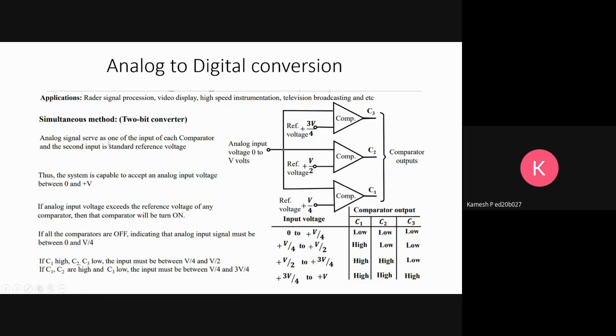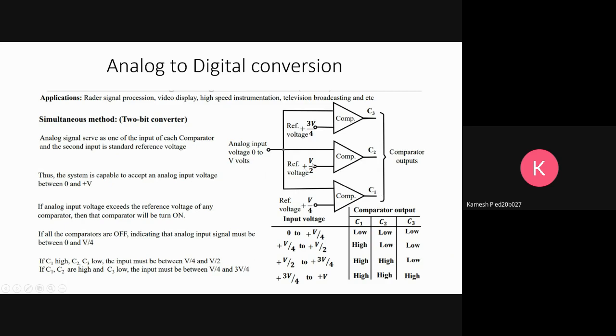The analog signal serves as one of the inputs of each comparator. This is the analog input connected to each of the comparators, and there is a reference voltage of plus V by 4, plus V by 2, plus 3V by 4 for each comparator. Whenever the analog input is greater than the reference voltage at each point, if V by 4 is less than the given analog input, then the C1 output is present.